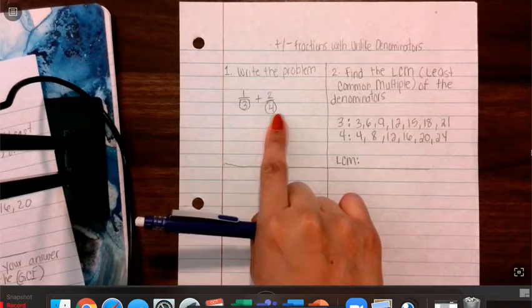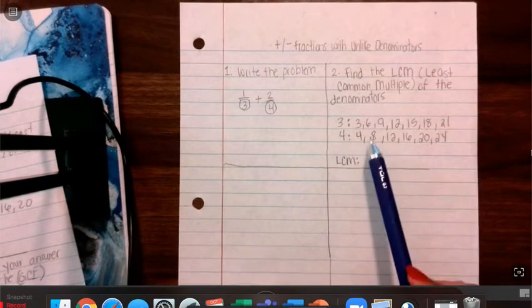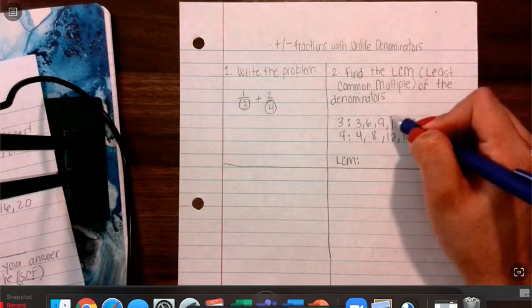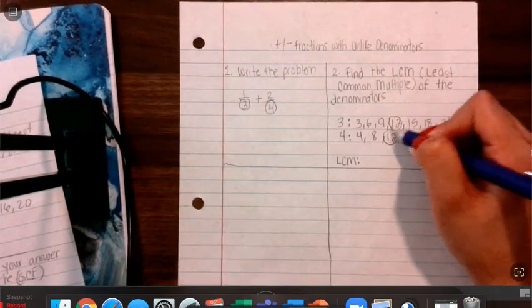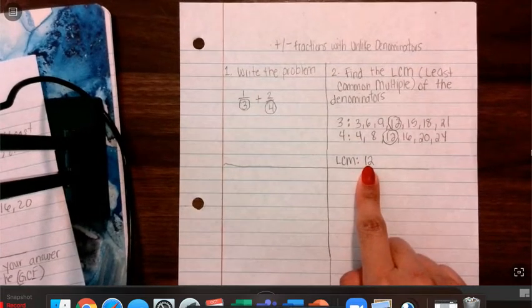The least common multiple is 12. That's the smallest number they both have in common. So our LCM is 12. Now remember, the LCM is going to become our new denominator. Now we can move on to step 3.